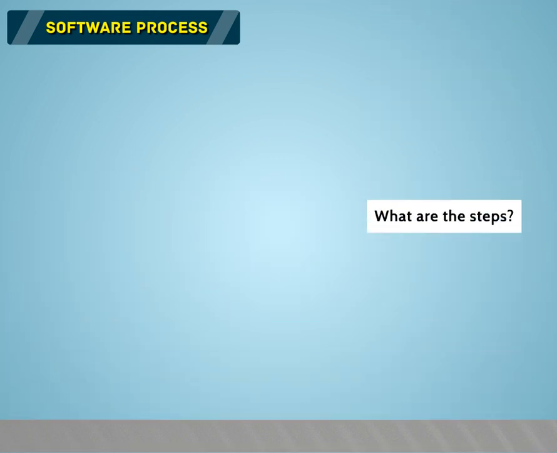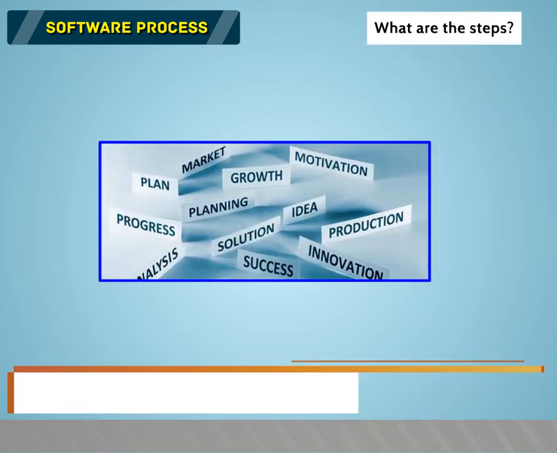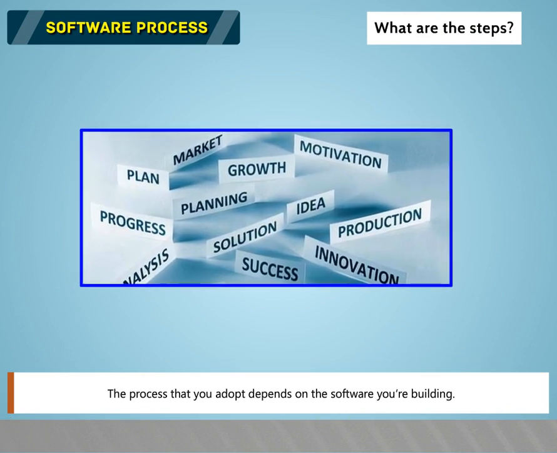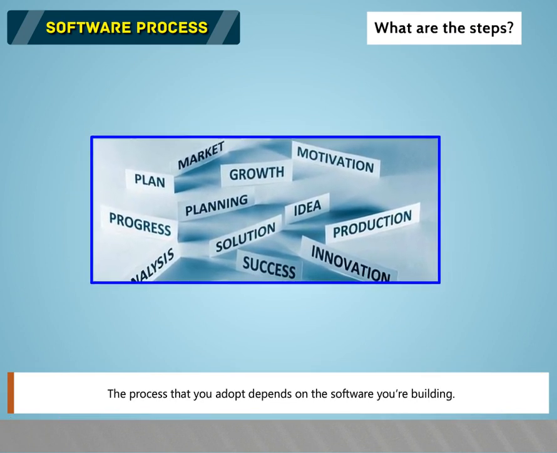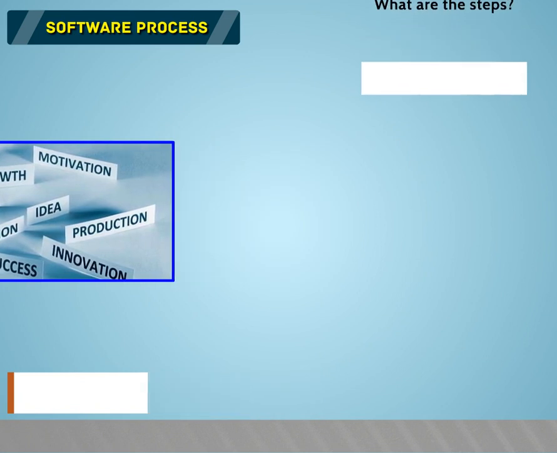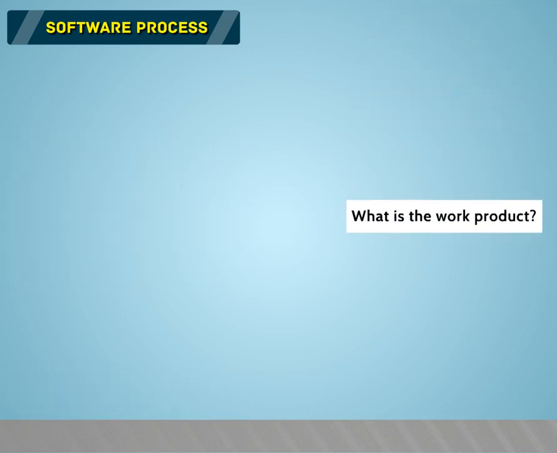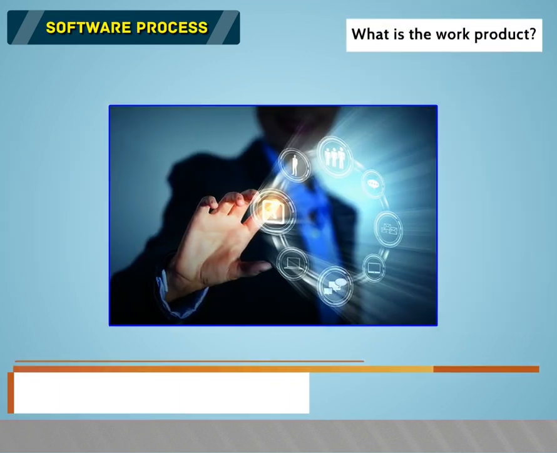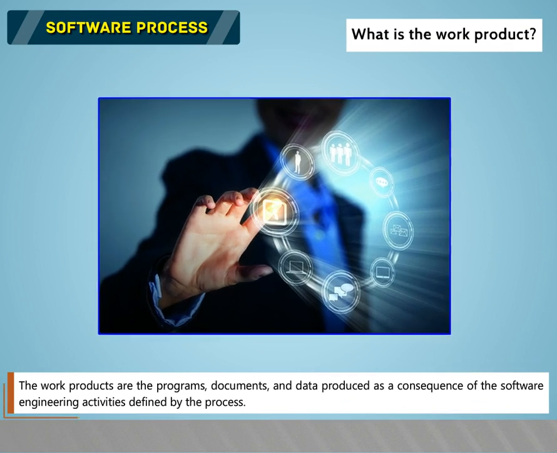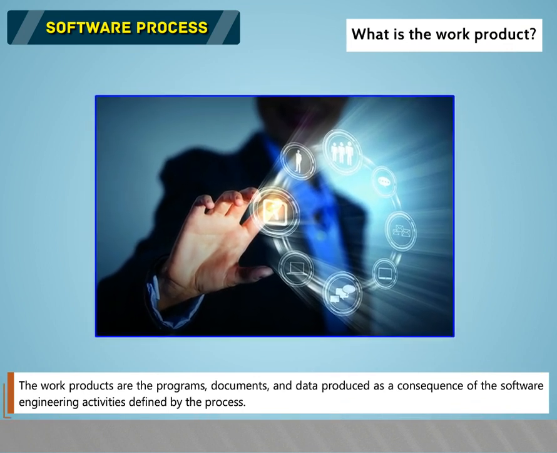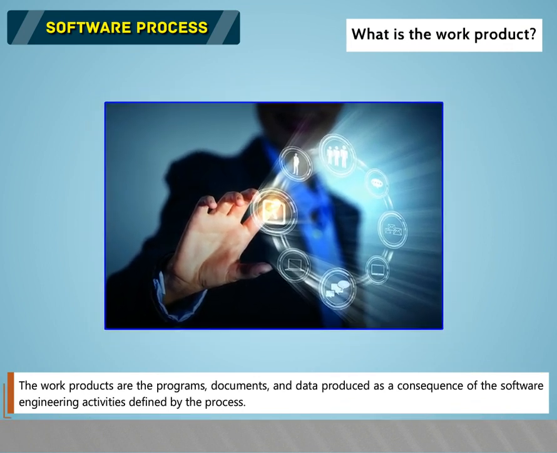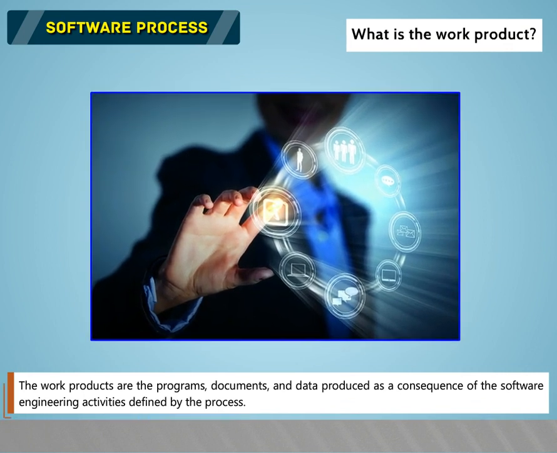What are the steps? The process that you adopt depends on the software you are building. What is the work product? The work products are the programs, documents, and data produced as a consequence of the software engineering activities defined by the process.